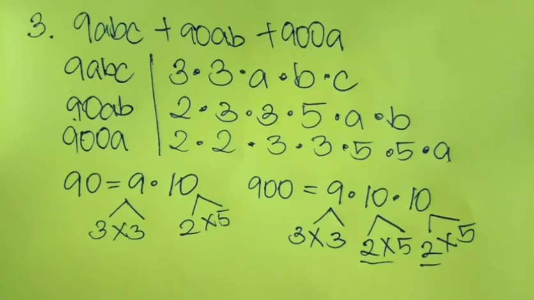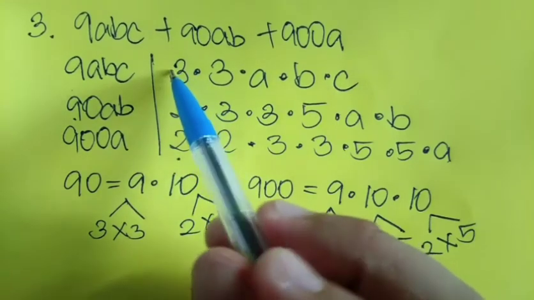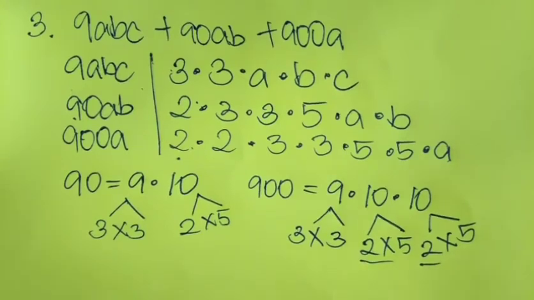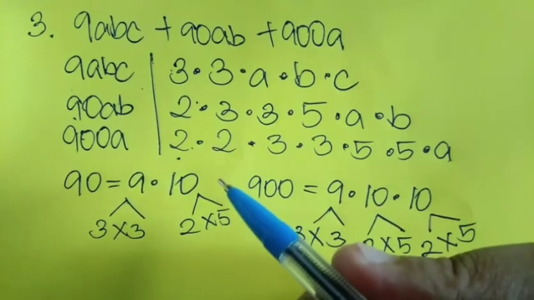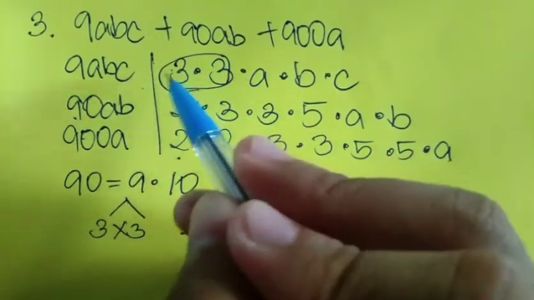Ngayon, tingnan natin yung common factors nila. 2, meron itong dalawa pero wala yung 9ABC, which means 2 is not part of the GCMF. How about 3? Meron silang tigda dalawa.